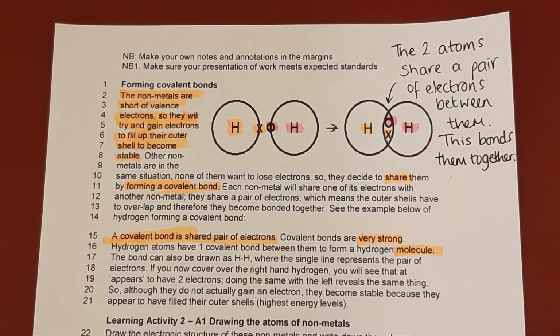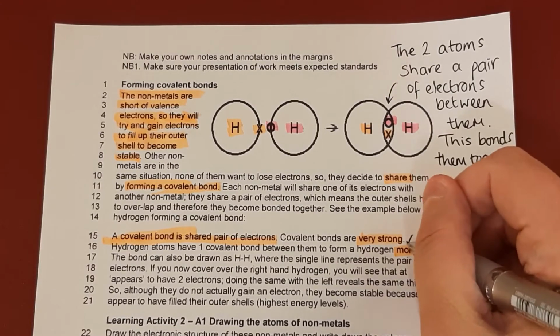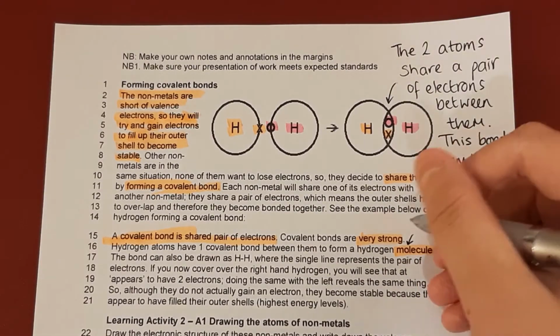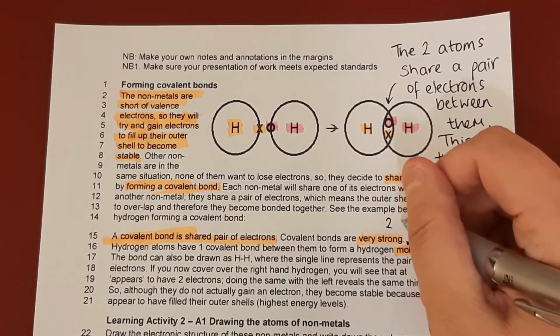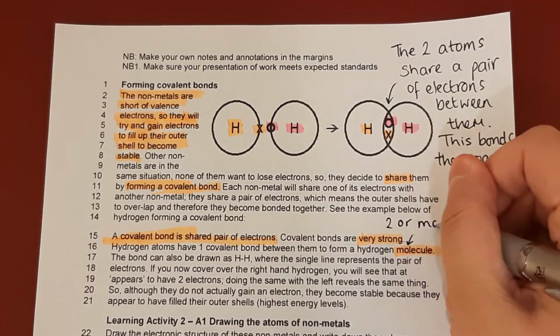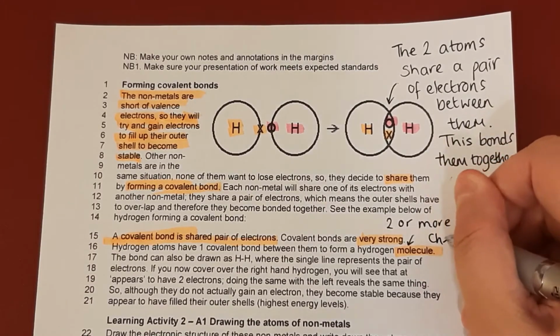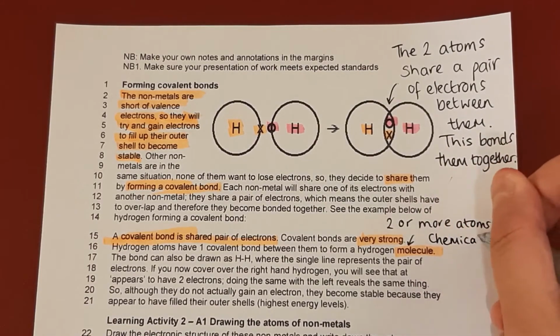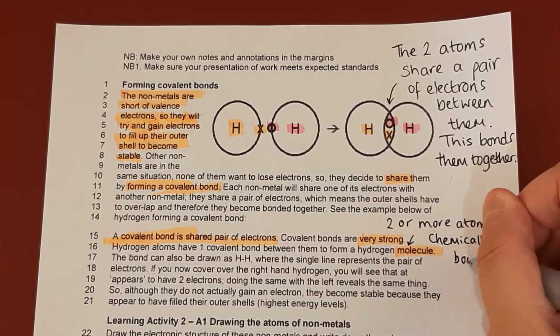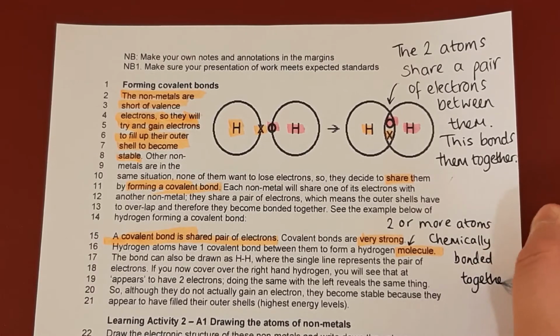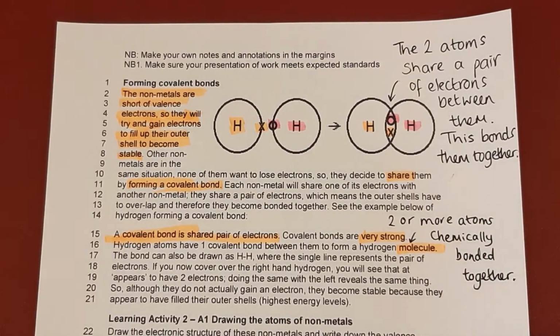Now, just a reminder, definition of a molecule is two or more atoms chemically bonded together. So molecule is two or more atoms chemically bonded together. Okay.